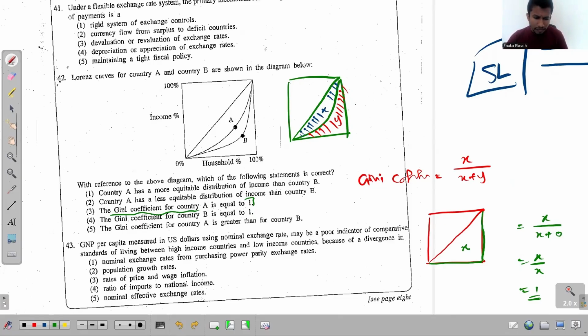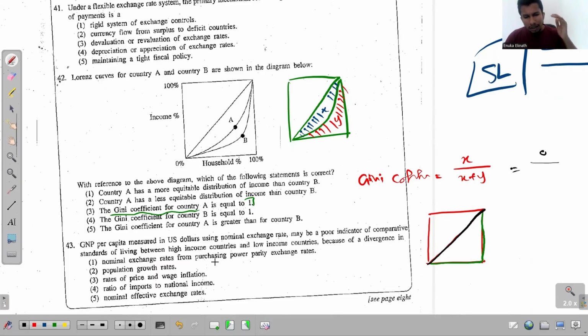I said earlier, if the Lorenz curve falls right on the equidistributed line, then how much is the value of the Gini coefficient? The region between the Lorenz curve and the equidistributed line becomes 0, because there's no such region now.